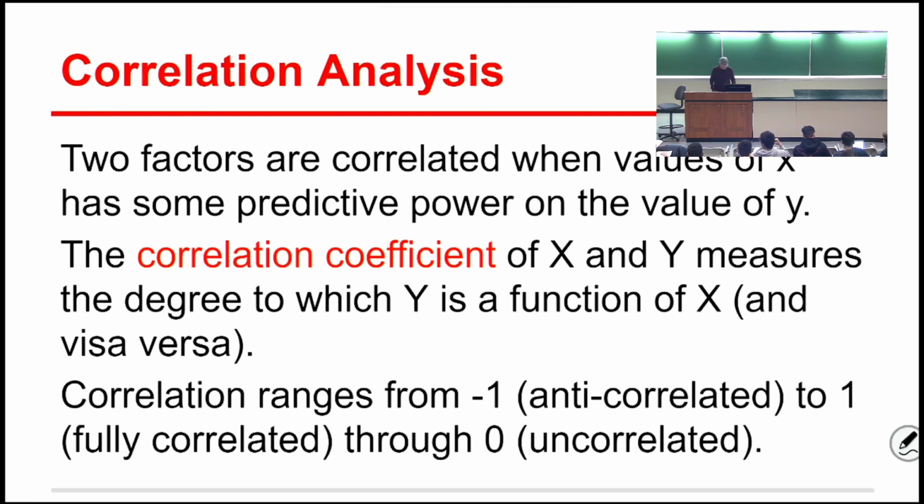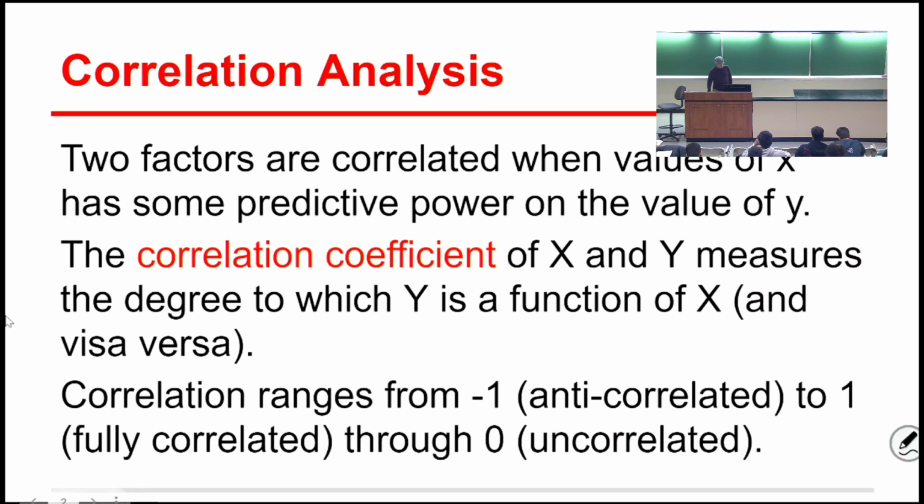A lot of what drives things in data science is the analysis of correlations of variables. And we say that 2 variables, x and y, are correlated when the values of x have some predictive value for y, or equivalently, y has some predictive value for x, okay?